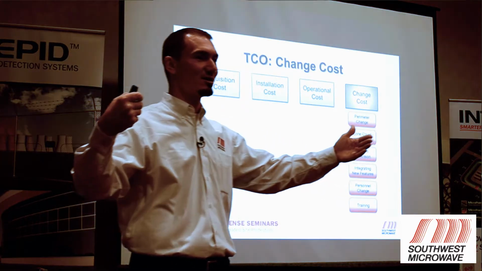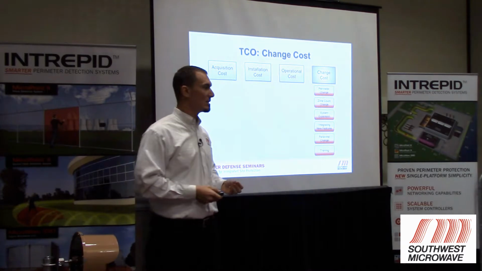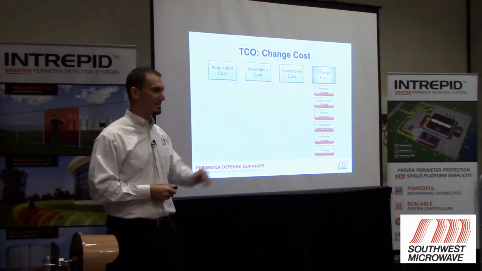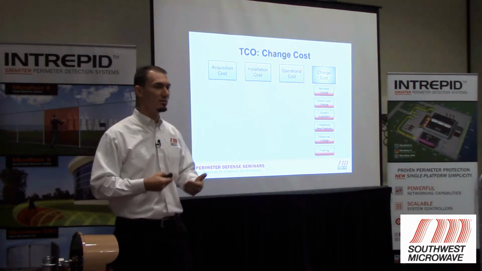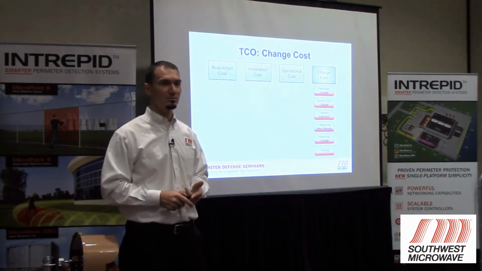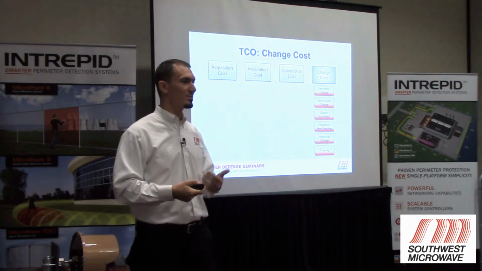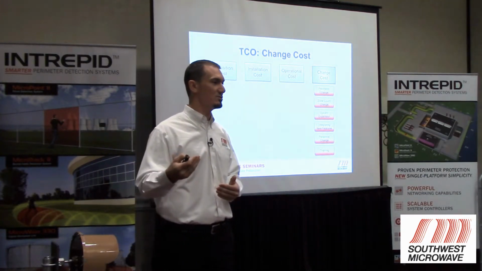A 1,000-foot zone is hard to see, even if you've got 4 or 5 cameras looking at it. So change cost goes in here as always as an afterthought, but should be brought in right at the beginning of these discussions. Is the perimeter flexible? Can we add zones? Can we make takeaway zones? Can we change these things or potentially upgrade to integrate to new independent platforms in the future?